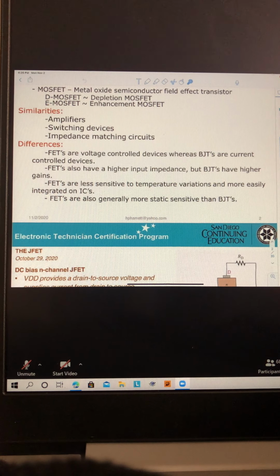Hey, Mr. Pham, at the top of that handout you have MOSFET. You can't handle that with your hands. You have to have a special tool, right? Right, we're talking about that later. Right now, we're talking about FET. They will be very sensitive. I have a question. The last point of the differences is FETs are also generally more static sensitive.